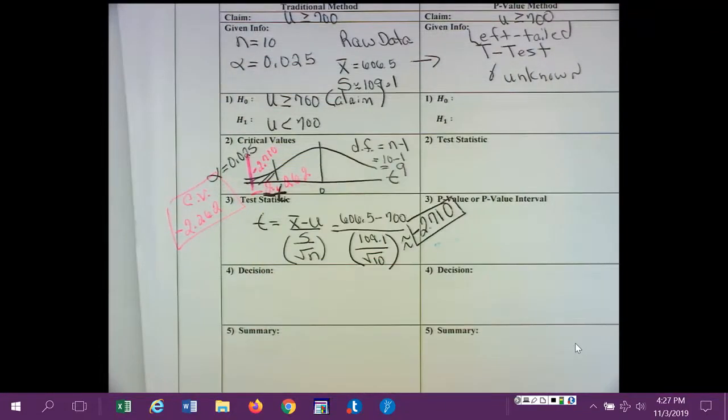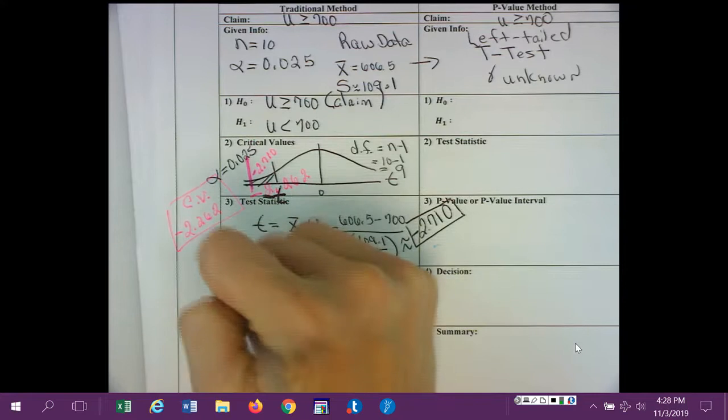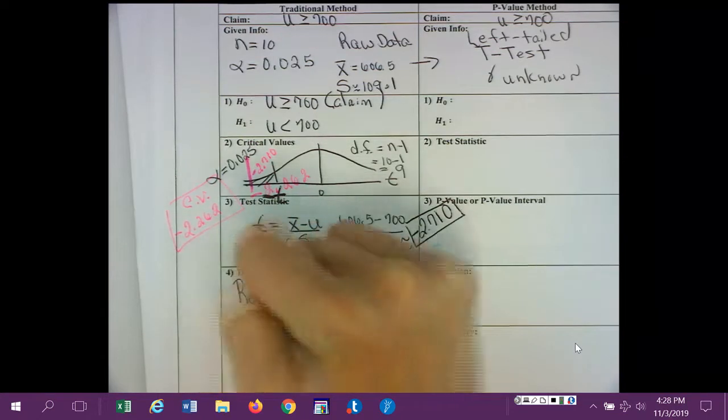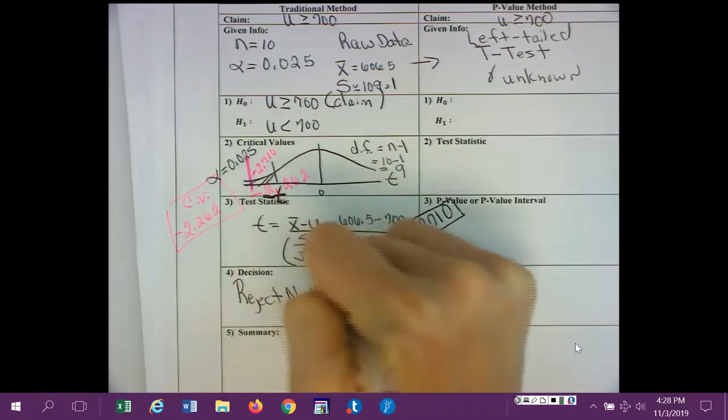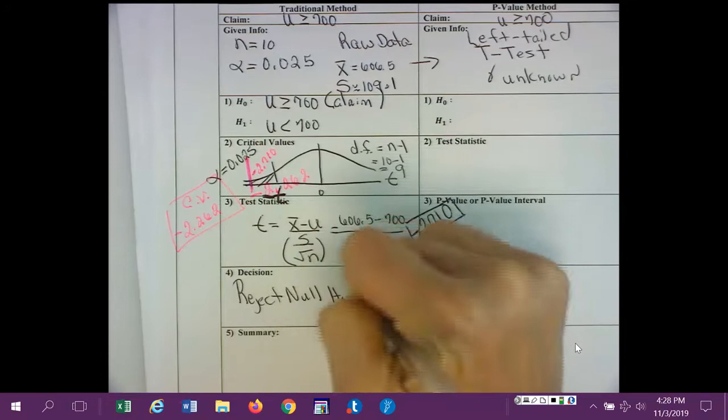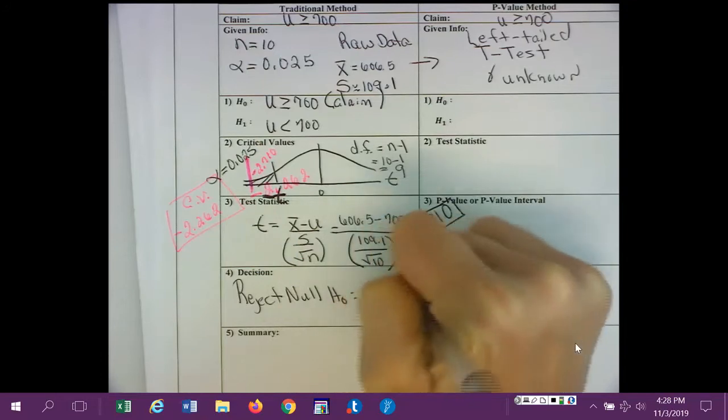Therefore, with this problem, we are going to reject the null statement, because of where the test statistic falls. Again, reject the null, and the null says that the average is at least 700 feet.